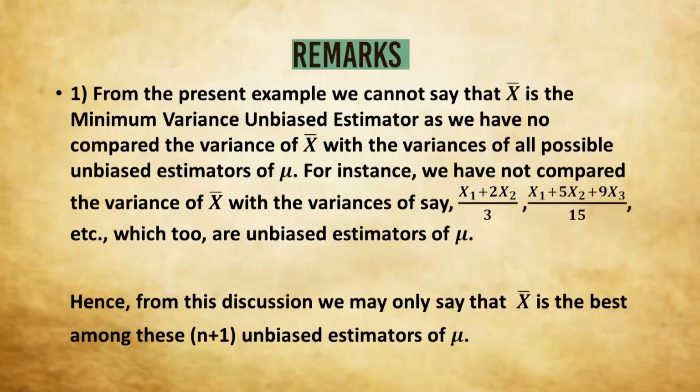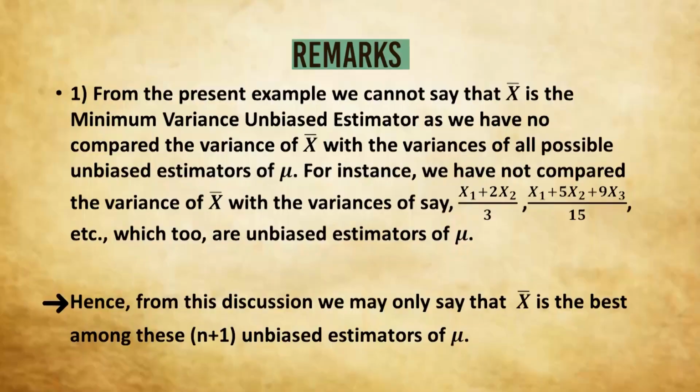Did we compare variance of x bar with the variance of this estimator? No. That means we can find at least two estimators which are unbiased for mu, but we have not considered these two estimators. What I want to say is this: we did not compare variance of x bar with the variances of all possible unbiased estimators of mu. That is why we cannot say that x bar is the minimum variance unbiased estimator.